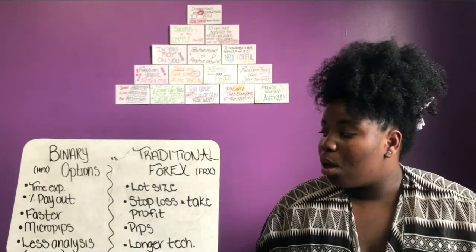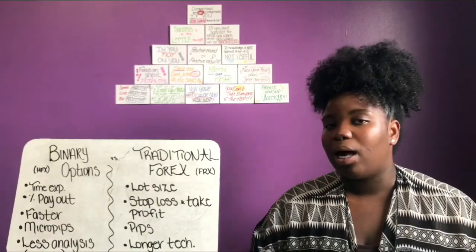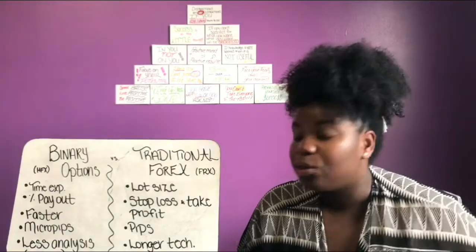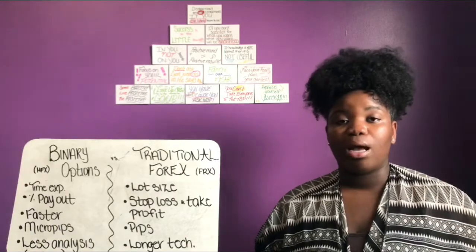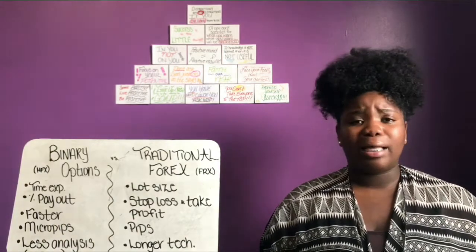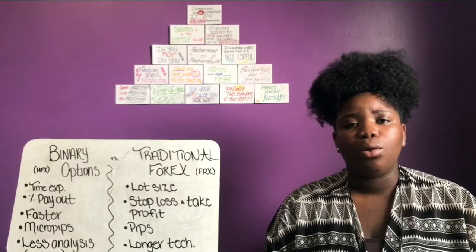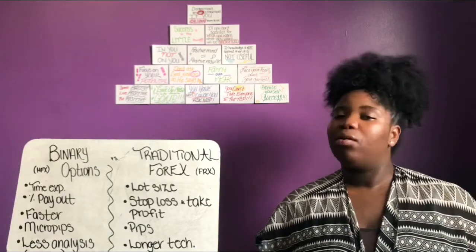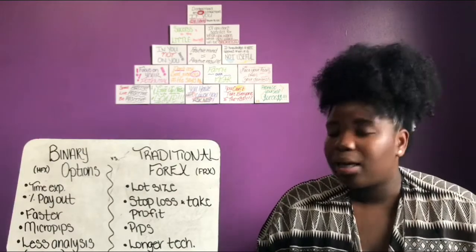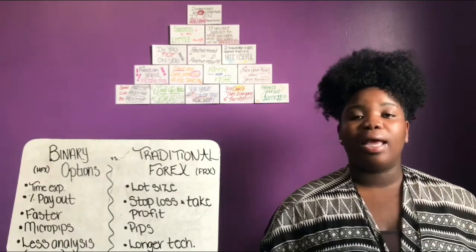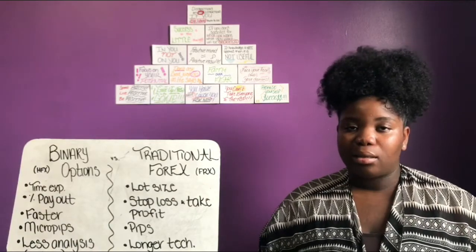Instead of the whole lot size thing, in binary options, you're actually doing time expiration. You choose which time you want, usually 30 seconds to 15 minutes. That's usually how long it takes to trade. So instead of setting a 0.01, aka 10 cents per pip, we will be doing 30 seconds instead, right?